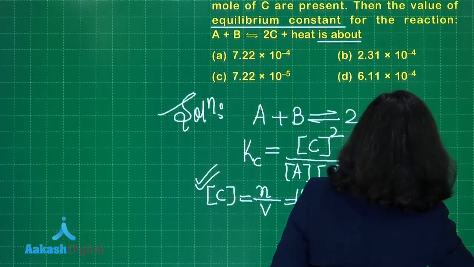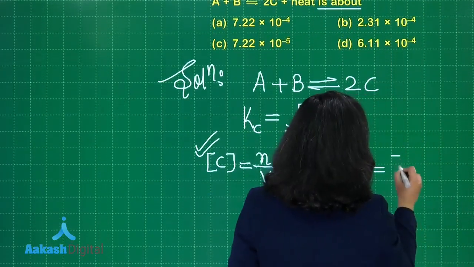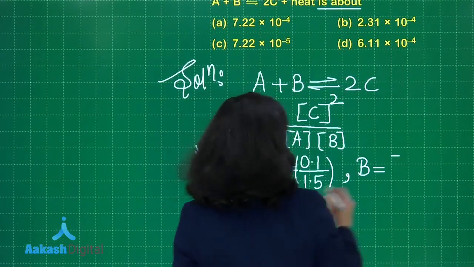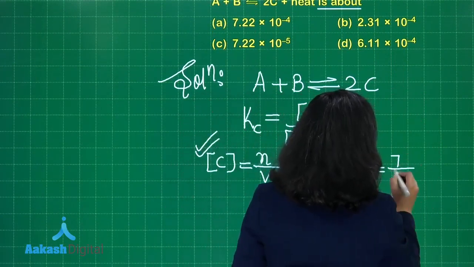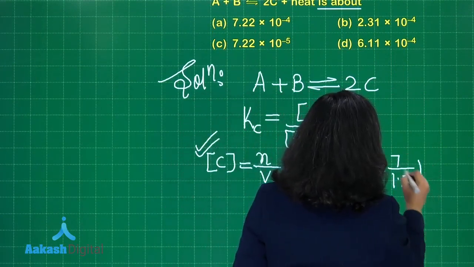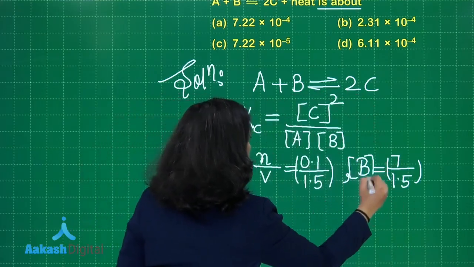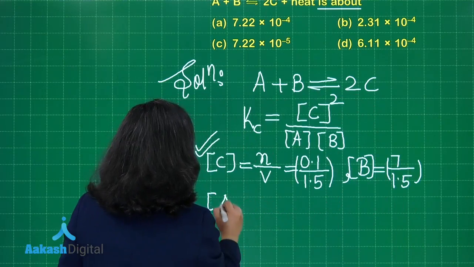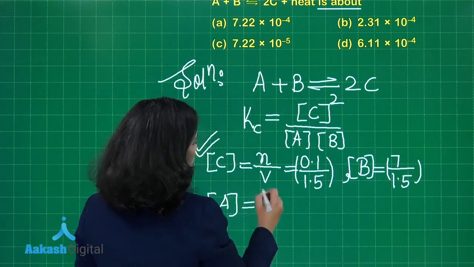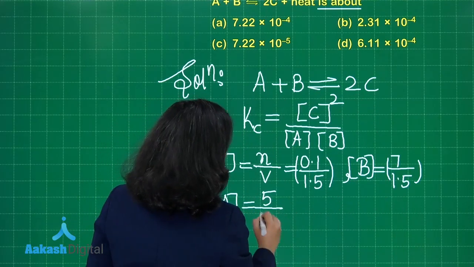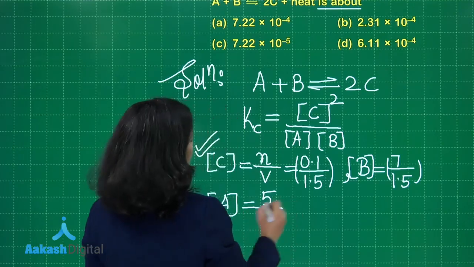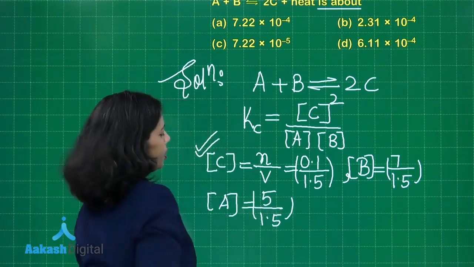So on the basis of that, the moles of B is 7, divided by 1.5. Similarly, if we talk about the active mass of A, that is equal to the number of moles of A, which were 5, over the total volume, 1.5. Got it? This you have.